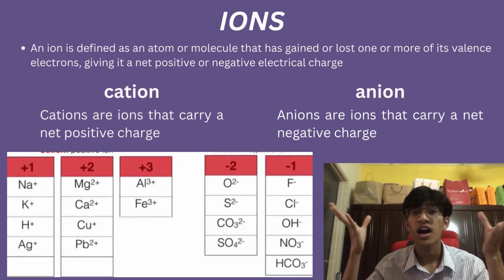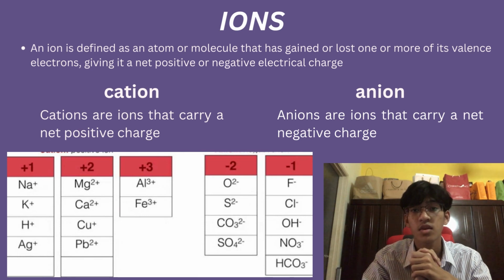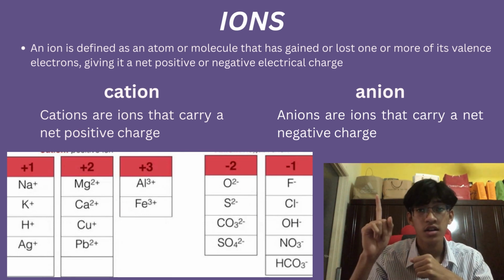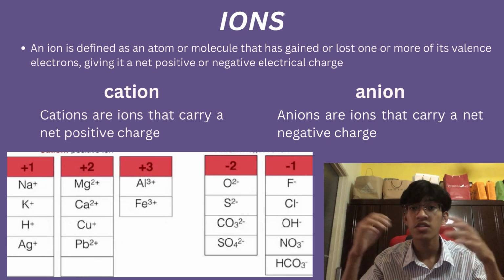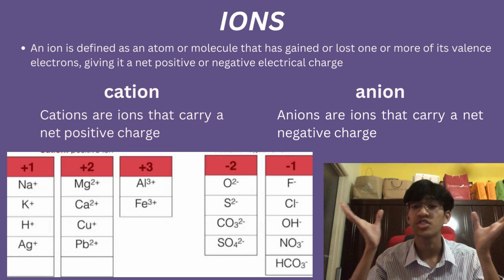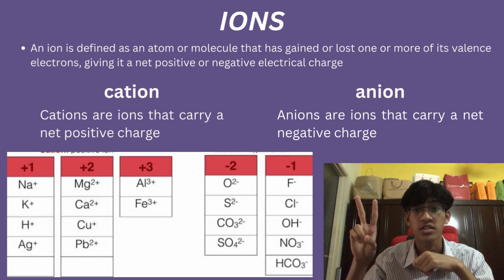Ions. So what is ion? An ion is defined as an atom or molecule that has gained or lost one or more of its valence electrons, giving it a net positive or negative electrical charge. So there are two types of ions.